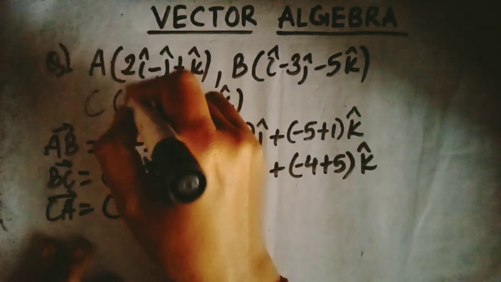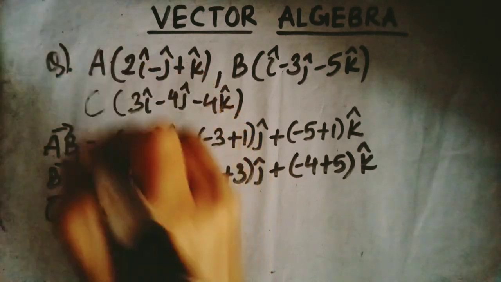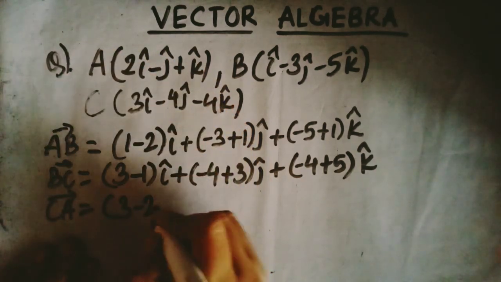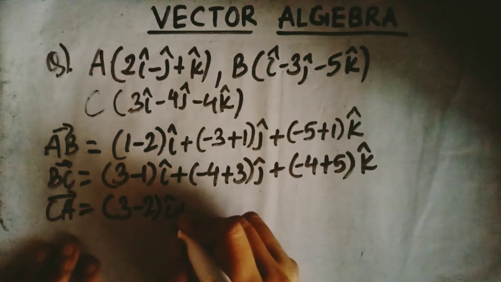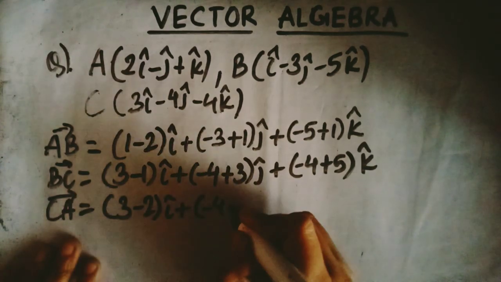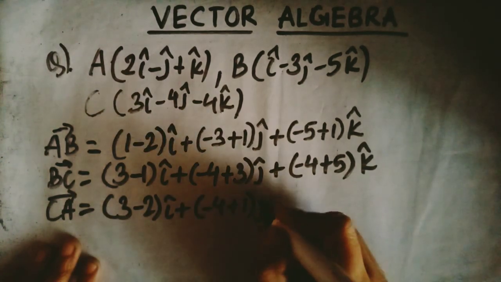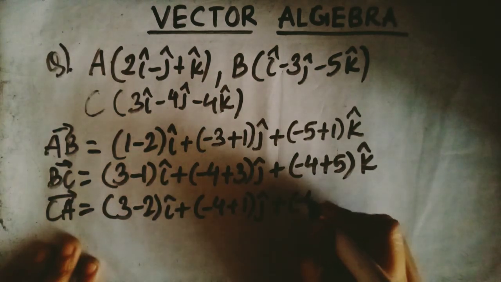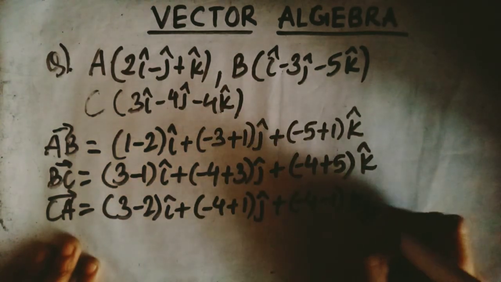Then CA, so C minus A, 3 minus 2i plus minus 4 plus 1j plus minus 4 minus 1k.